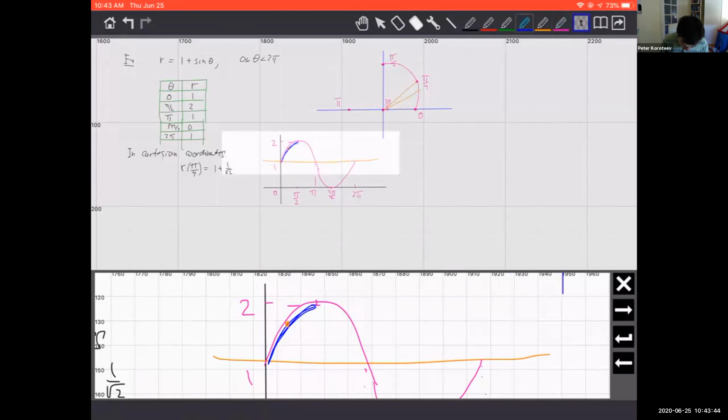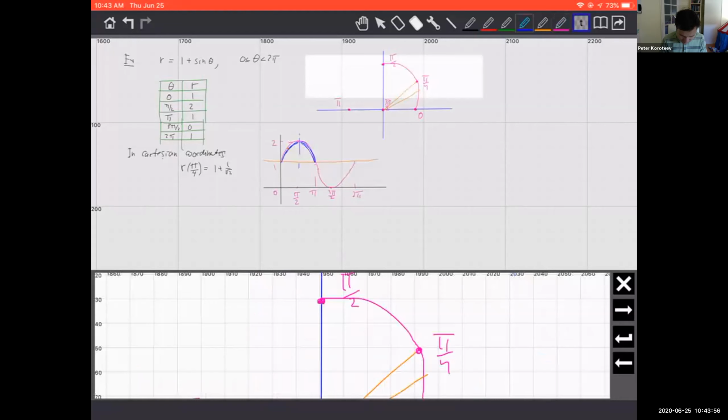If you cut this in half, then the left half of this sine bell would be symmetrically reflected, and therefore we expect the upper dome will also be symmetric relative to a change of theta to pi minus theta.